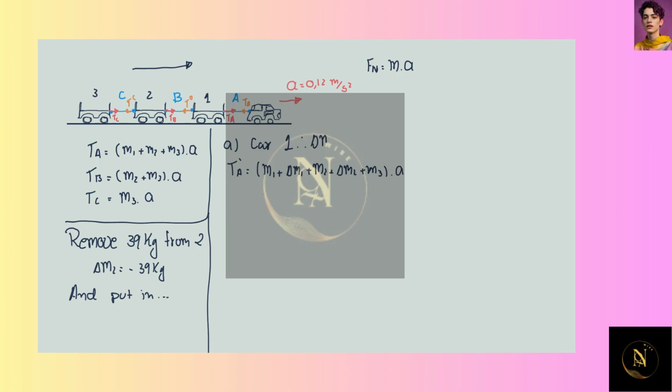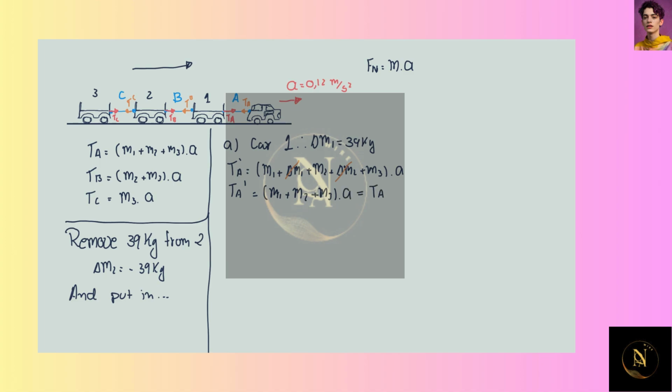Notice that delta M1 is equal to plus 39 kilograms. We are removing 39 kilograms from car 2 and adding 39 kilograms to car 1. And then you can notice that there is a cancellation, because delta M1 is equal to minus delta M2. As a result, TA prime is just M1 plus M2 plus M3 times A. So it's the same.